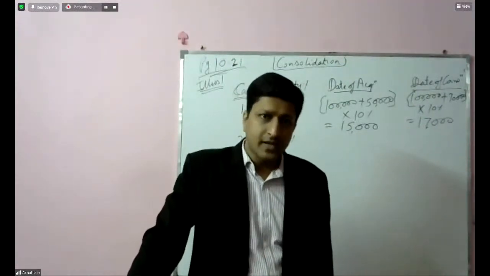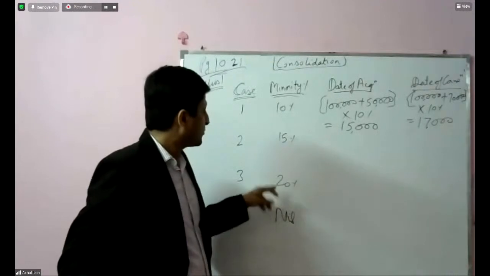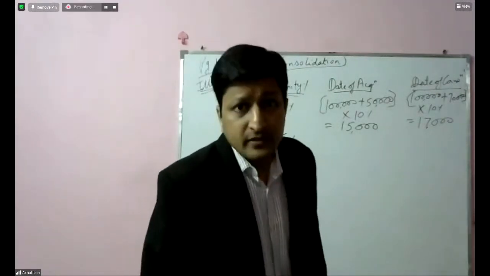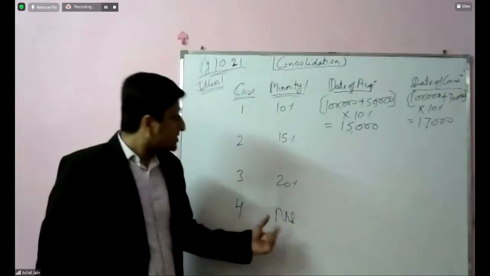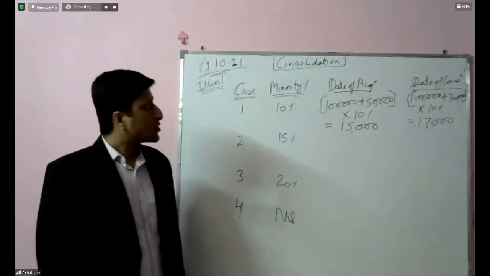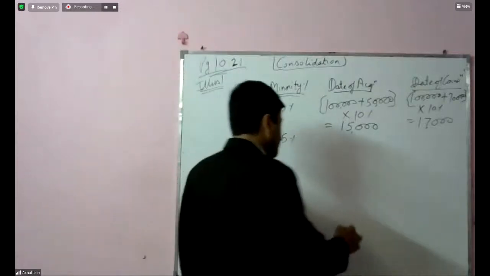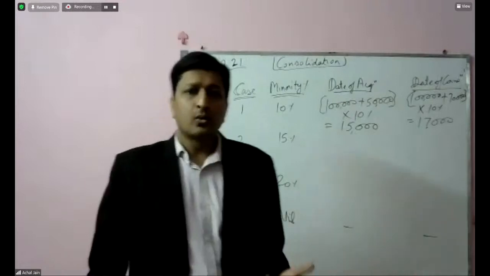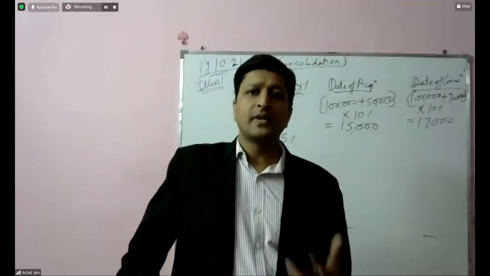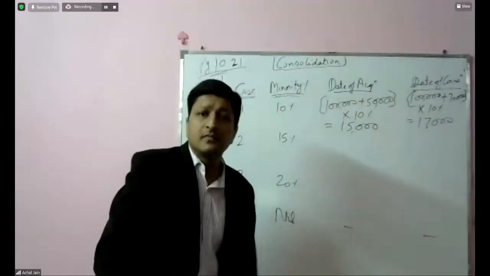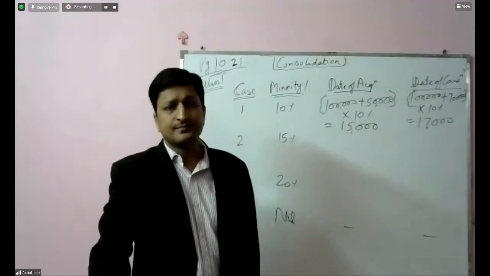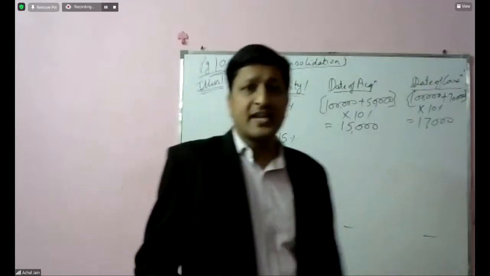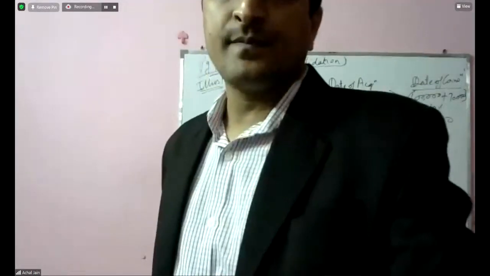Similarly, can you give me the answers for case 2, 3, and 4? In the fourth one, when the percentage of minority is nil, this will become nil and this will also become nil automatically. Clear? Easy. So for case 2 and case 3, can you give me the numbers?